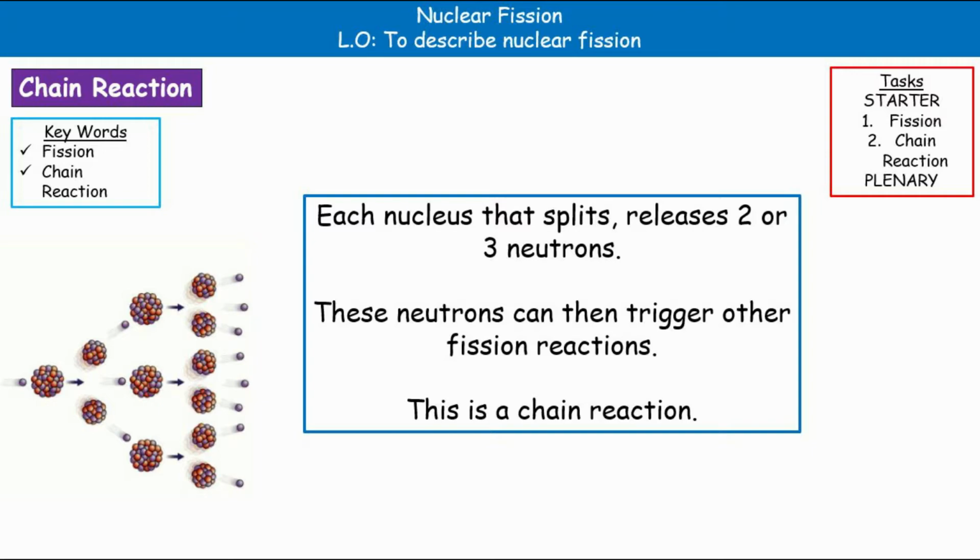And hopefully you can see that starting with just the 1 neutron, the 1 became 3, those 3 became 9, those 9 would then become 27, and so on. So what we end up with is the ability to trigger more and more fission reactions, and they get bigger and bigger as time goes on. So what we actually do is we're releasing quite large quantities of energy quite quickly through a chain reaction.